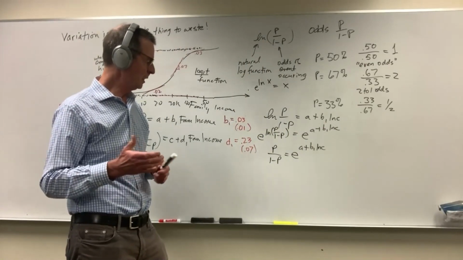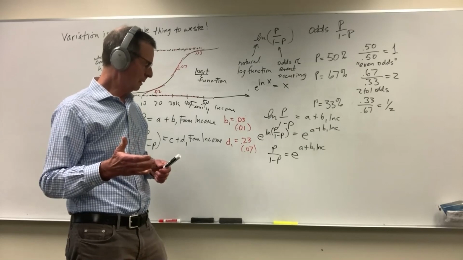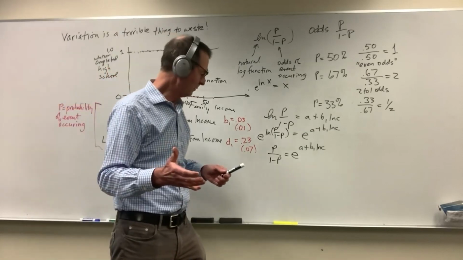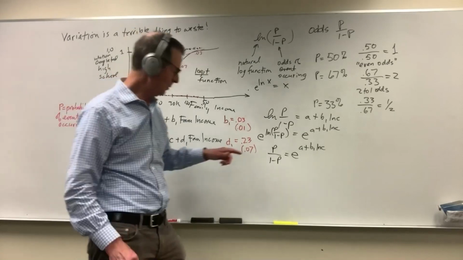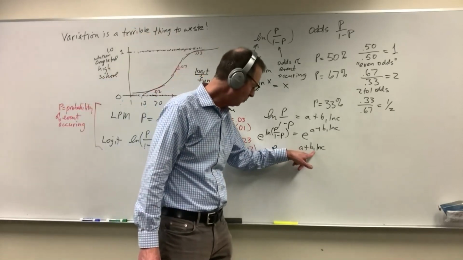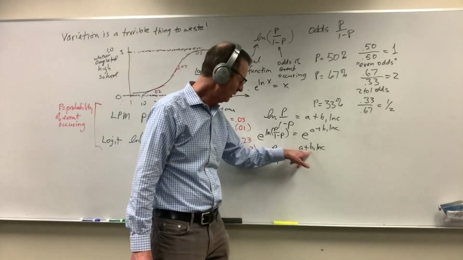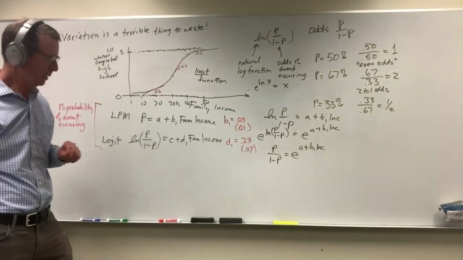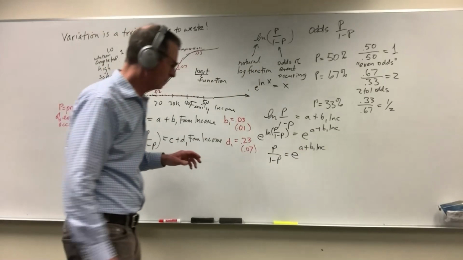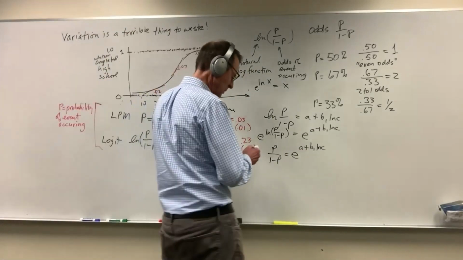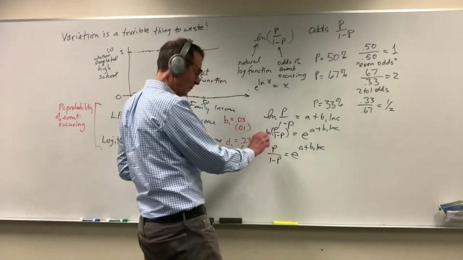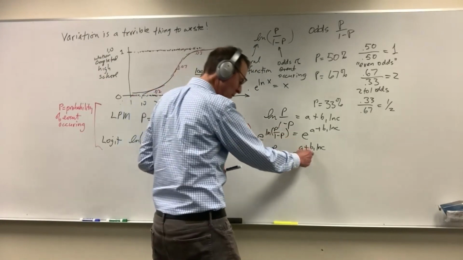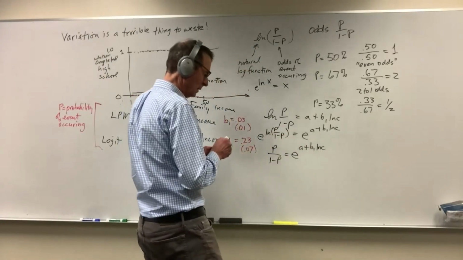But you can see now, suppose you did think in terms of odds. How do you translate this b1 into a change in the odds? Well, we're going from a baseline set of odds to a new odds incrementing by b1.